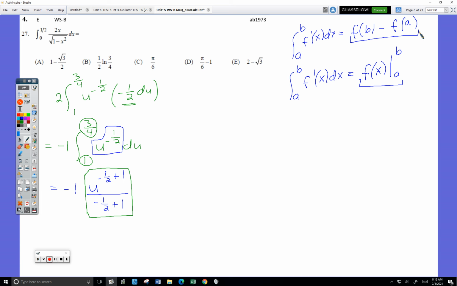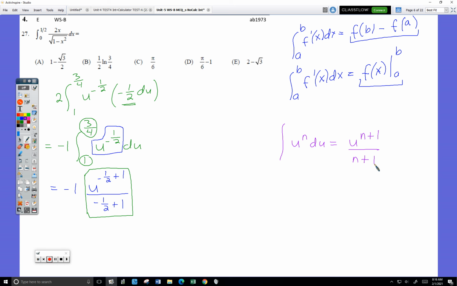So what I did there is I used on your green sheet the power rule, which says this: the antiderivative of, I'll use u in this case, u to any power is simply u to that same power plus 1, divided by that same power plus 1. You see that? First rule.